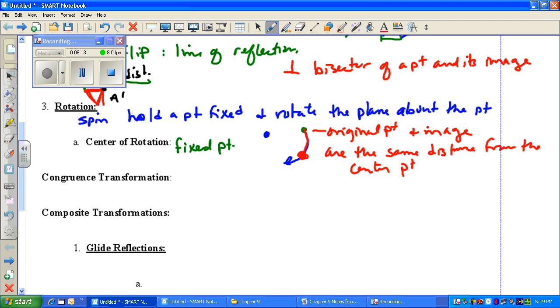You can almost think of it like a little circle here. So these distances are going to be the same.